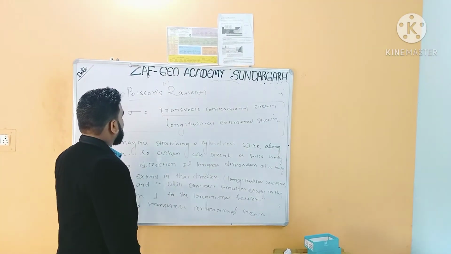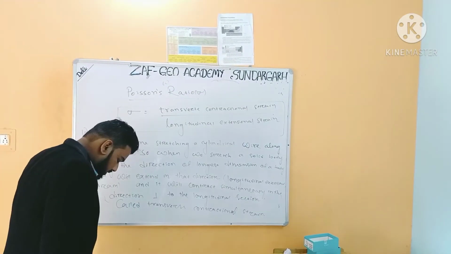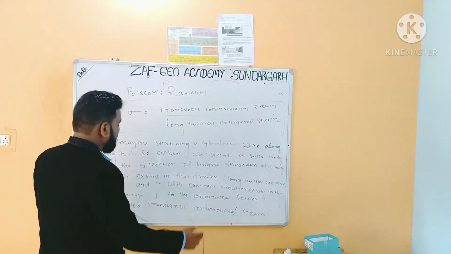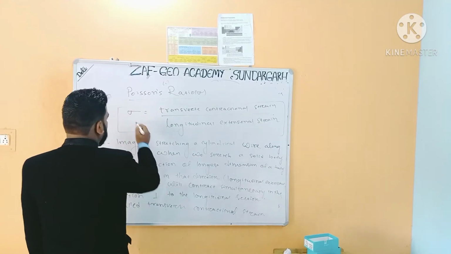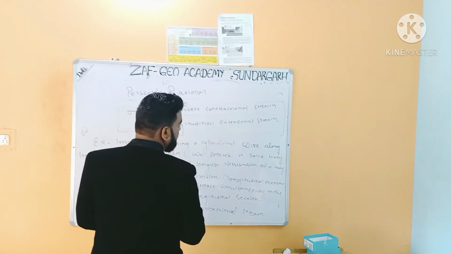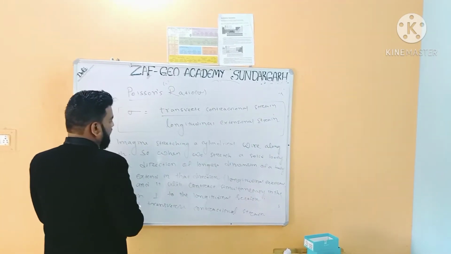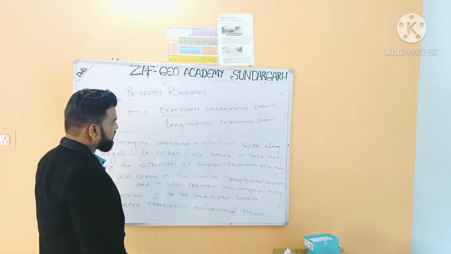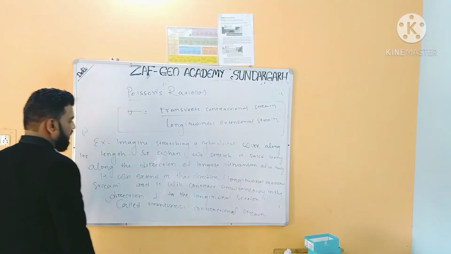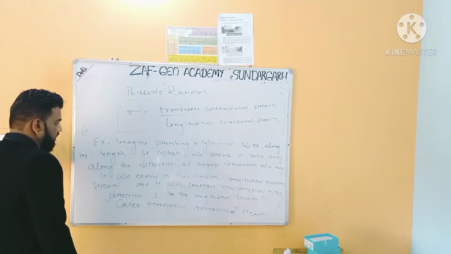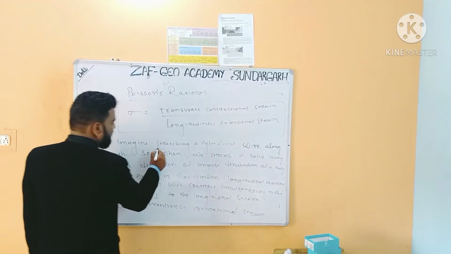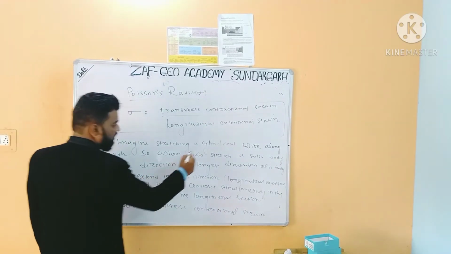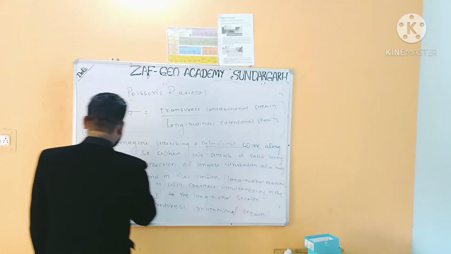Now, the next terminology is Poisson's ratio, which is denoted by sigma. Okay, so sigma will be equal to transverse contractional strain divided by longitudinal extensional strain. To explain this, I am giving you an example here. Imagine we are stretching a cylindrical wire along its length.